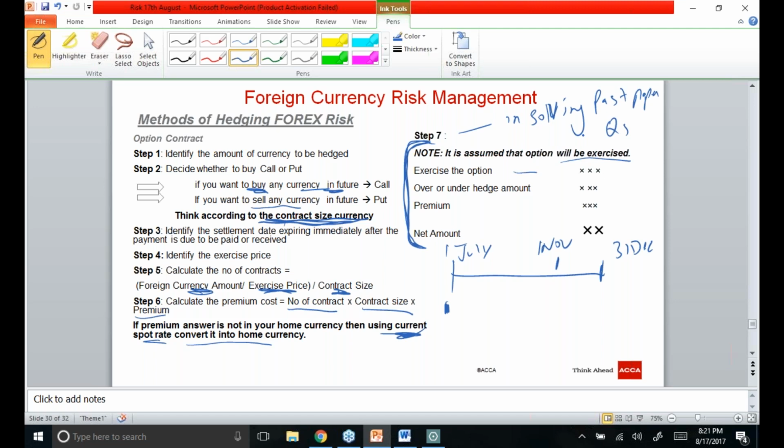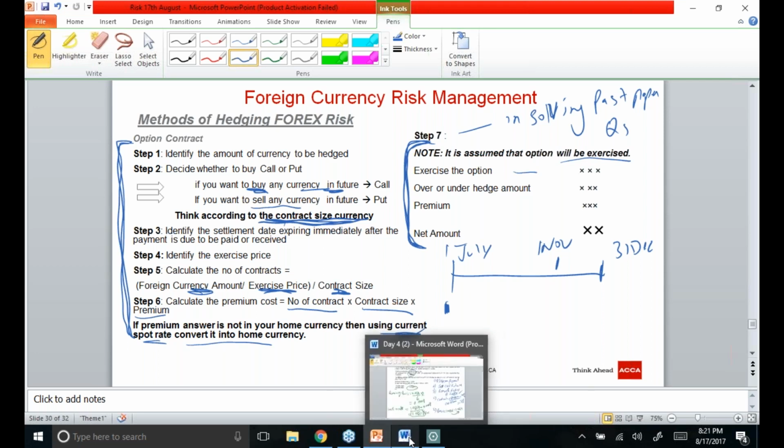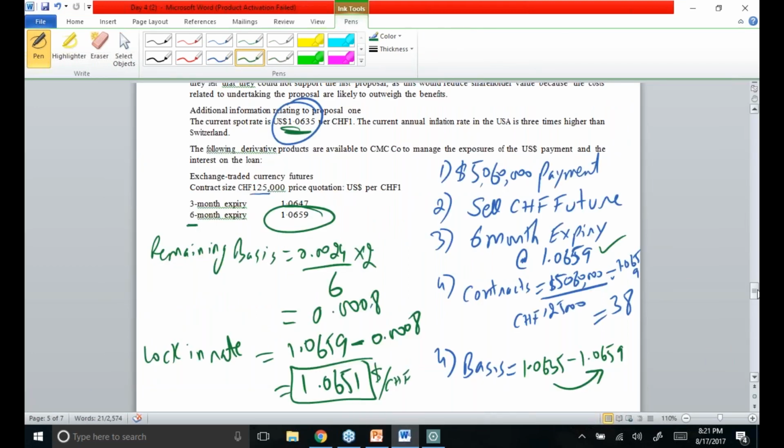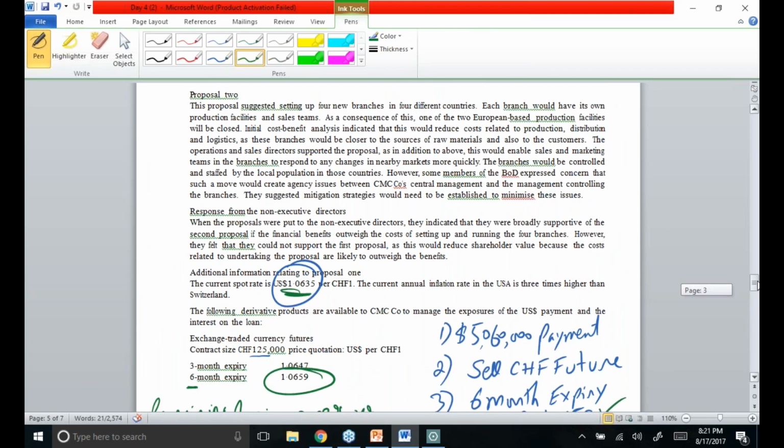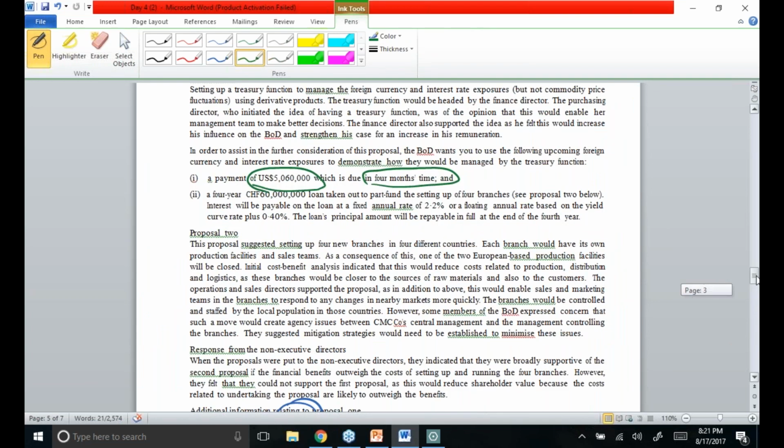The same question, CMC, and try to solve these first 6 steps. Take your time and try to solve the first 6 steps. This was the question, CMC.